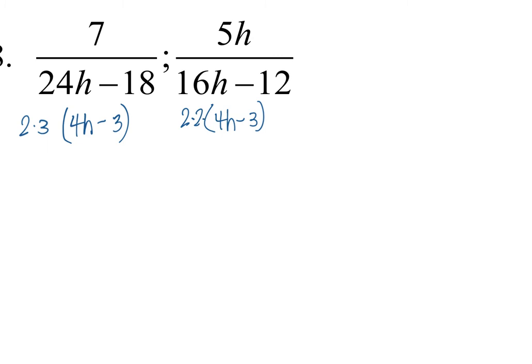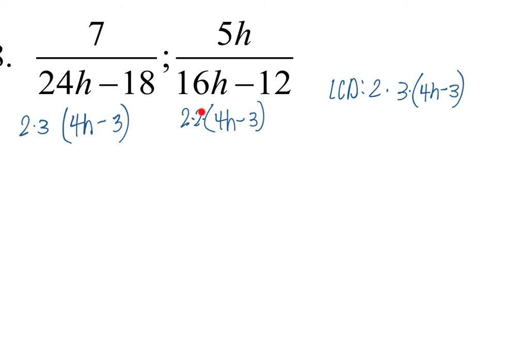So for the LCD, our factors are a 2, a 3, and 4h minus 3. Our power of 2 is 1, our power of 3 is 1, and our power of 4h minus 3 is 1.